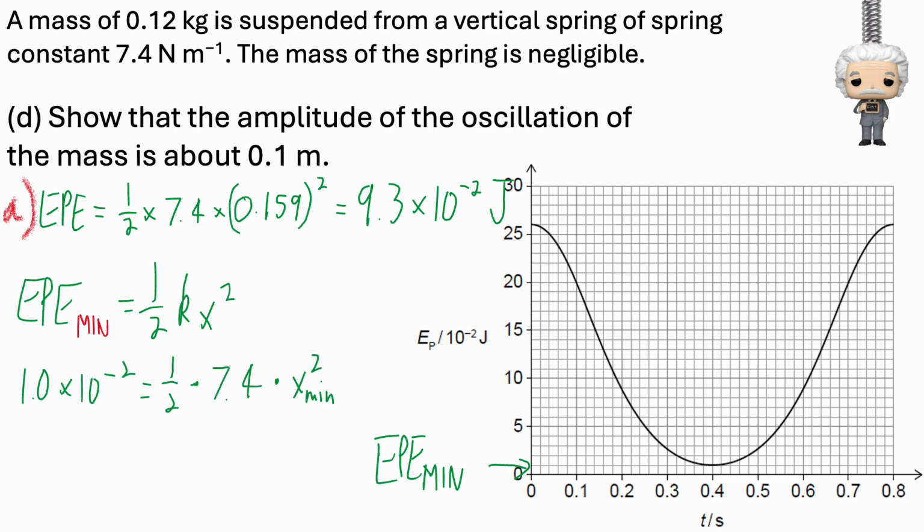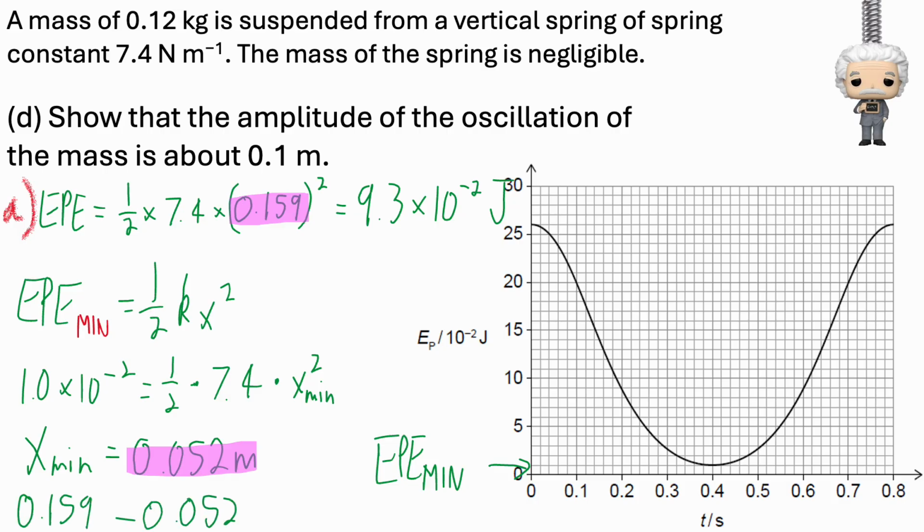So if we work out, based on the graph, the extension there, that gives us 0.052 meters, and if we use the difference in the two numbers for extension, that gives us an extension of 0.107 meters, which will be equal to the amplitude.